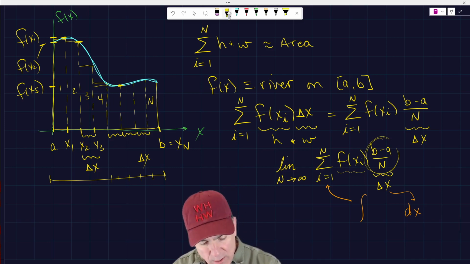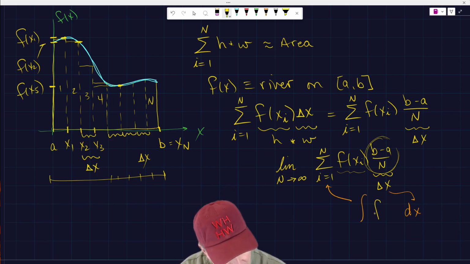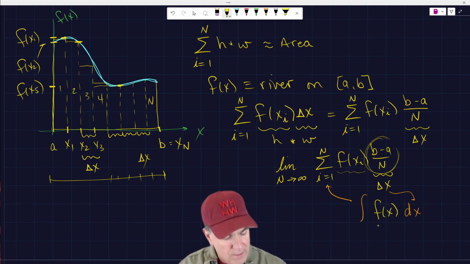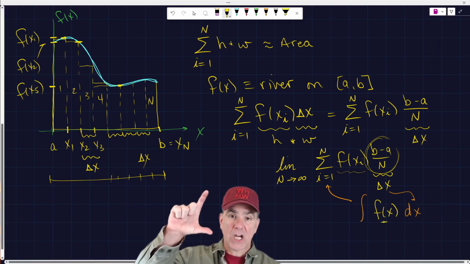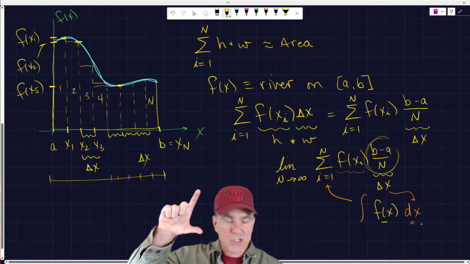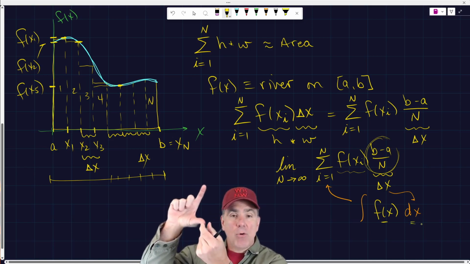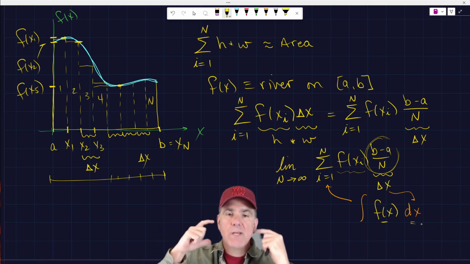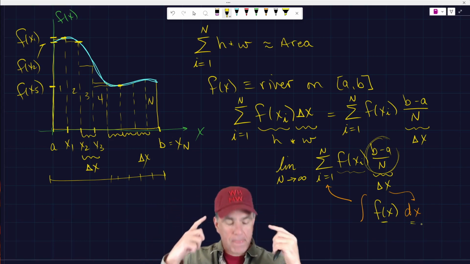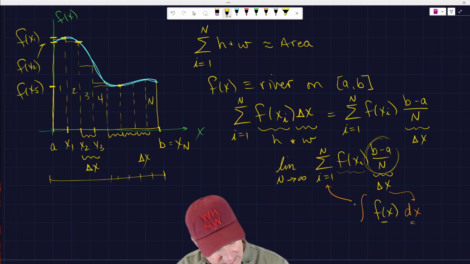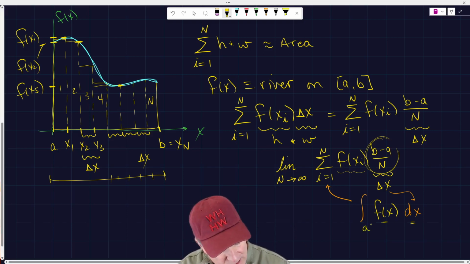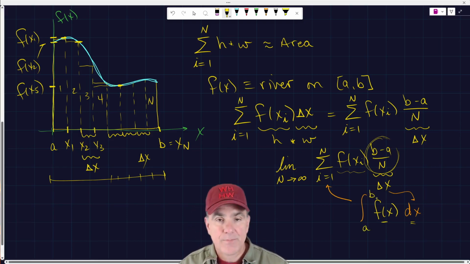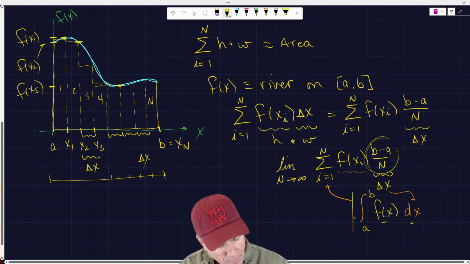And what I am doing when I integrate is I am summing the function f, which are a bunch of heights, times a bunch of widths, and I'm adding them all together. It's just that the width is going down towards 0, so this becomes a conceptual thing. But this, and I'm summing from a to b, is a number.